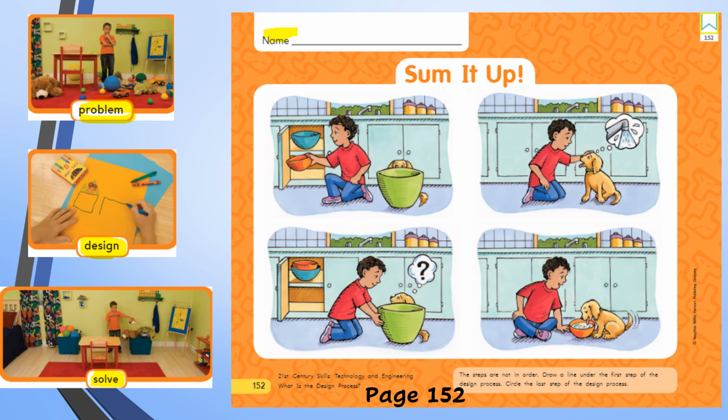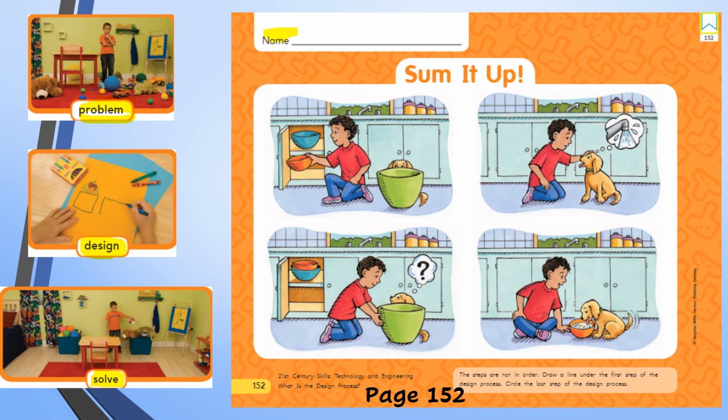And then our solution. What was the end? Okay, how did we solve the problem? What was our solution? Circle our solution. Okay, what did the boy do to solve the problem? And what was the end result? What happened in the end? Okay, our solution.